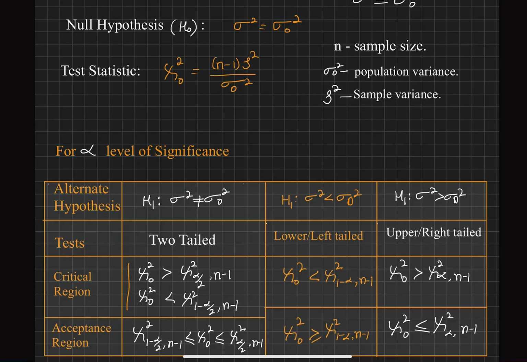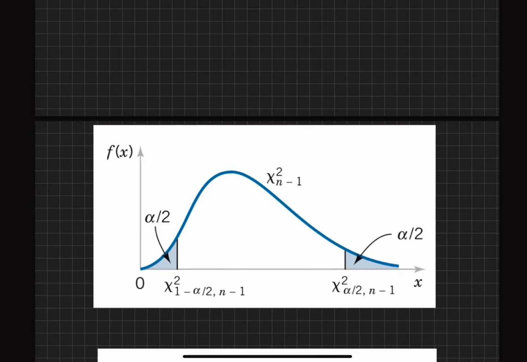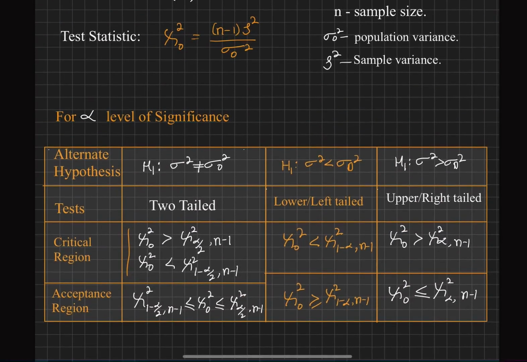So that means here, if we consider the graph for chi-square distribution, the entire area for a corresponding alpha level of significance will be divided into two parts. Right side we will have an area of alpha by 2, and left side we will have an area of alpha by 2. It means there will be two tails of rejection. We call it as a two-tailed test.